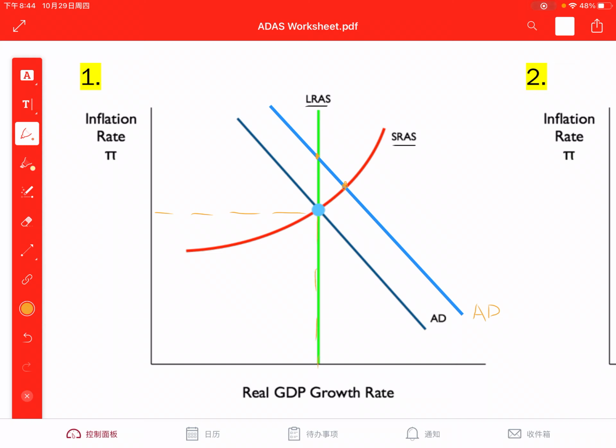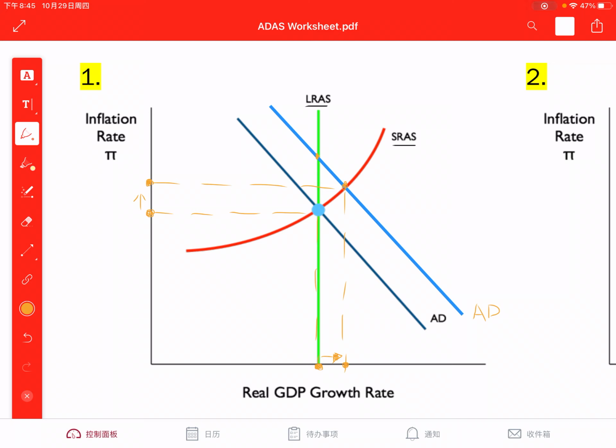So the output used to be over there and the price used to be over here. But now if we are moving the aggregate demand to the right, we have different changes in the short term. So we will see the short term first. We could say that the output is going to the right, which means we have more output, and the price is going up.